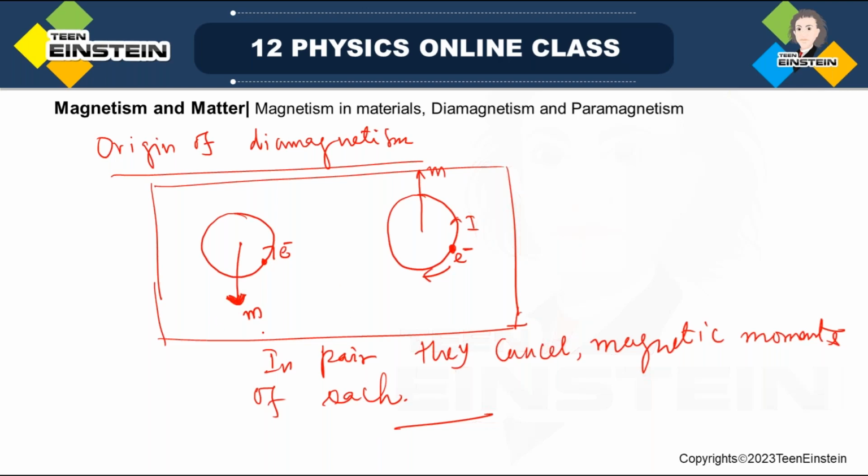But when an external field is applied, the magnetic moment produced by the electrons in the direction of the field will get reduced, and the other one will get increased.